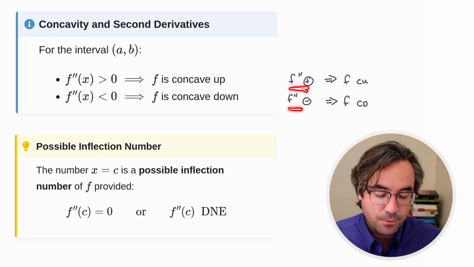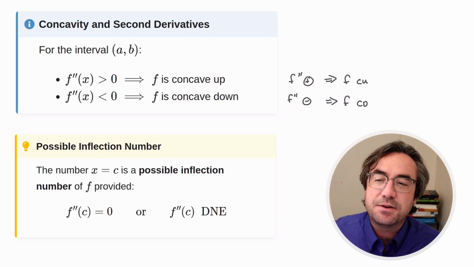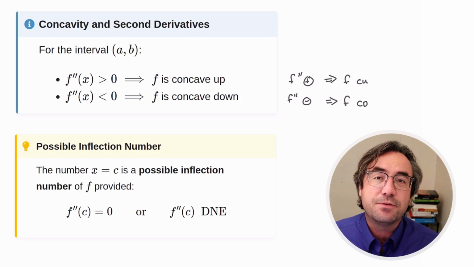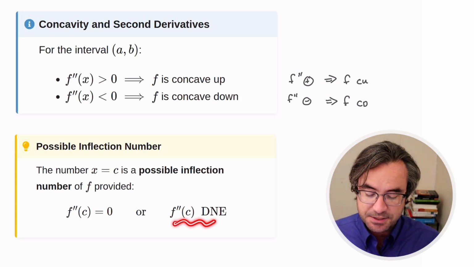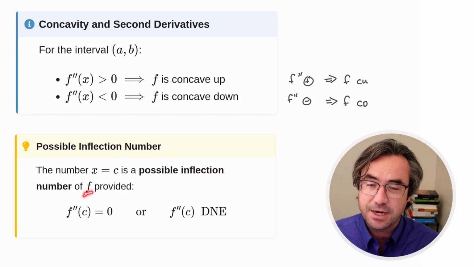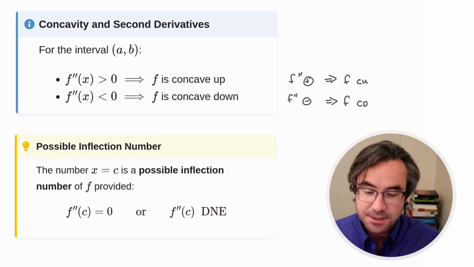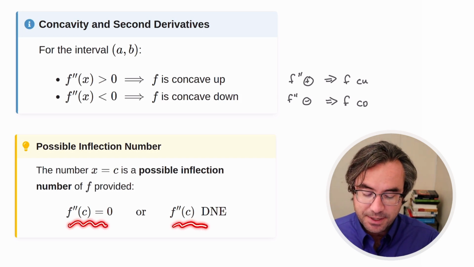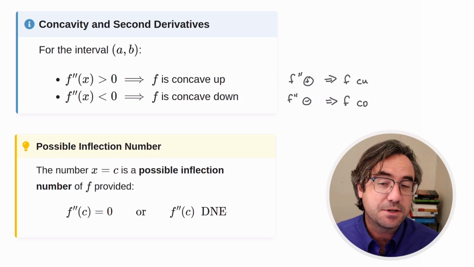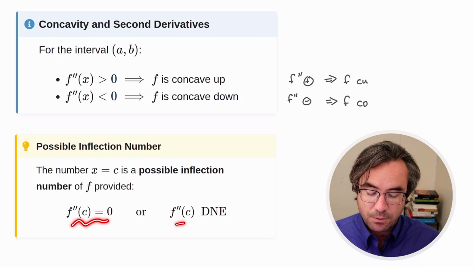These places where the second derivative is either 0 or does not exist, we're going to call possible inflection numbers of the original function f, because these are the places where our function might have an inflection point.